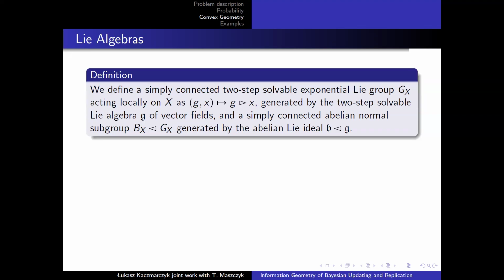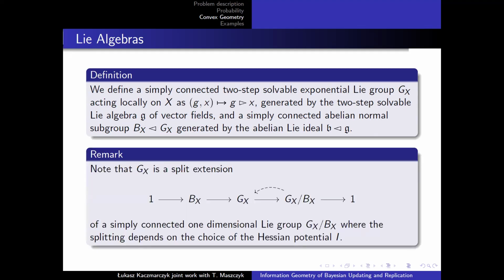One is BX and one is GX, and this notation is not accidental. This BX should ring a bell and remind you of the group B of P defined in the realm of probability.